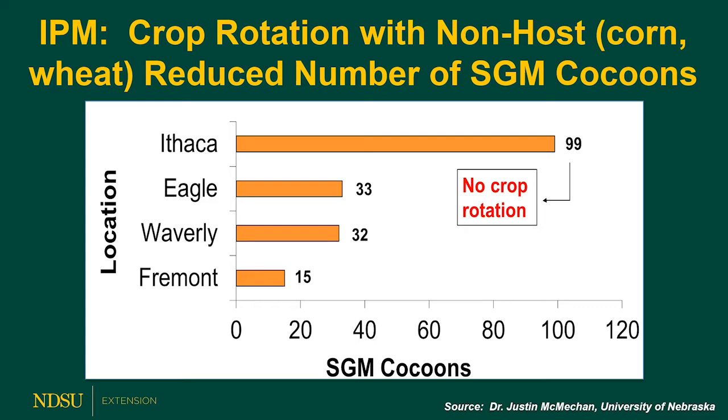So they weren't practicing a crop rotation system. At the other sites, Eagles, Waverly, and Fremont, the number of cocoons is much lower, and this is where they were practicing a crop rotation system with corn and soybean.